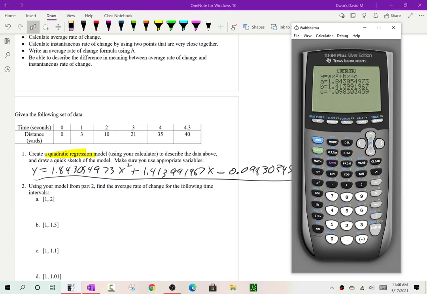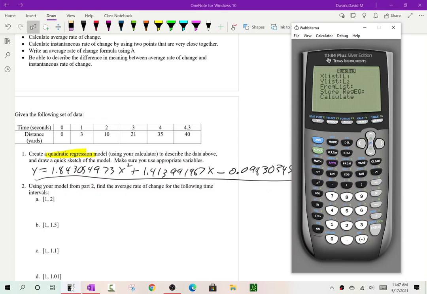For those of you in the new operating system, we're just going to go ahead and hit stat. We're going to go right back to quadreg. We're going to go right in here. Now, do you see where it says store reg EQ, store regression equation? What we're going to have the calculator do is actually type this equation into our Y1 line for graphing, so that way we can plug numbers into it. We can substitute values into it.